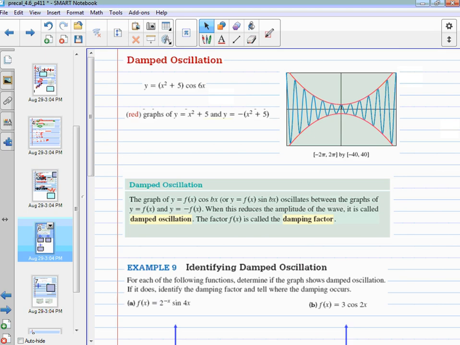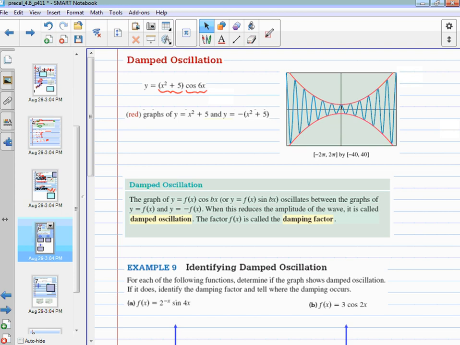Damped oscillation. The last thing we are going to do is multiply a polynomial times a trig function. And here's what always happens when I multiply a polynomial times a trig function. I damp the trig function, or I squish it, is what's happening right here.